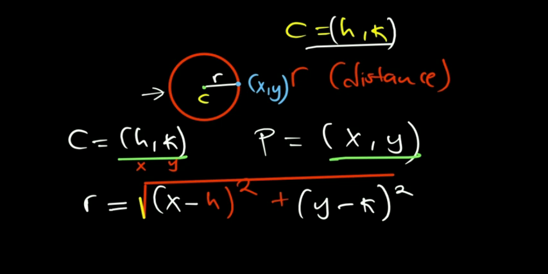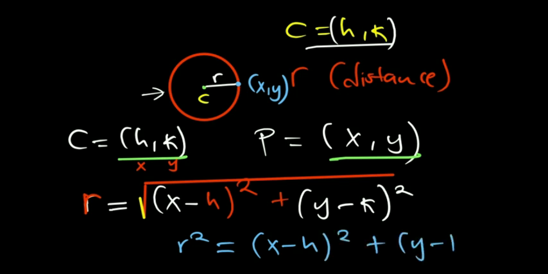So that is the formula for determining the distance, and so that is how you determine the radius of a circle. And this is now where the equation is going to come from. Easily just square both sides. Your r squared becomes, the square root would disappear on the right, and we just remain with x minus h squared plus y minus k squared.